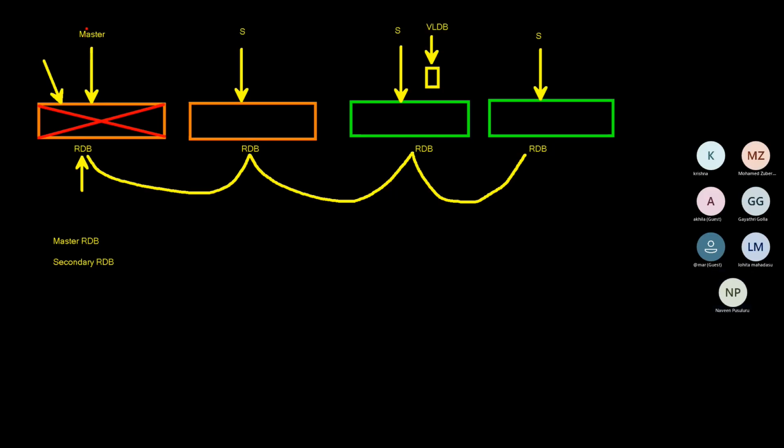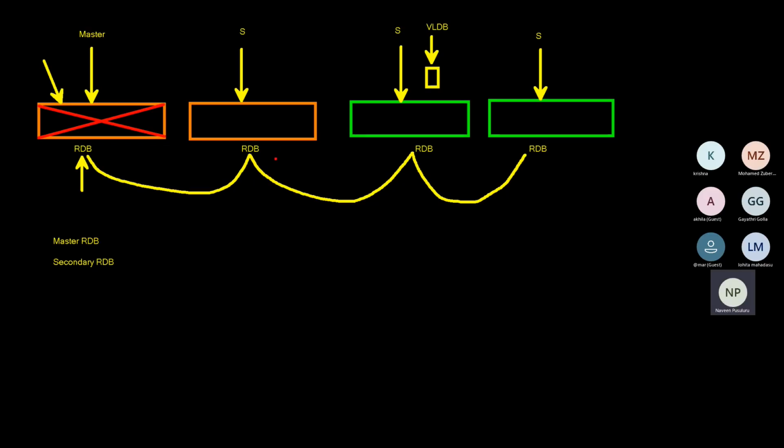This node contains the master RDB. If the node which contains the master RDB goes down, and during that time we make any configurations, we are not sure whether those configurations are updated across all the node RDBs. That is the reason whenever we reboot the master RDB node, one of the RDBs in the remaining nodes will be elected as the master RDB.